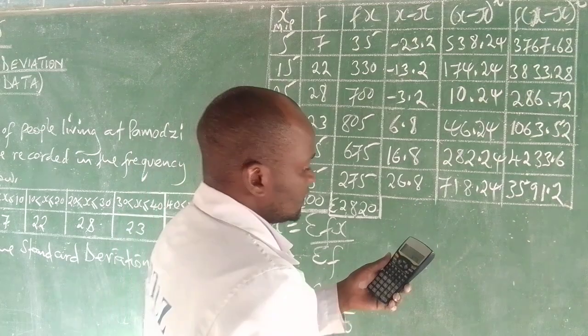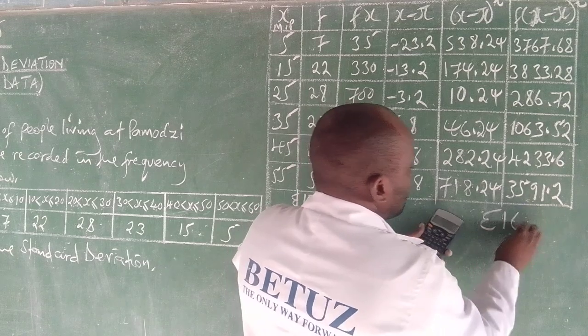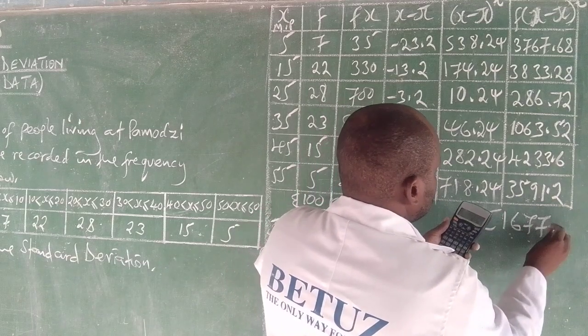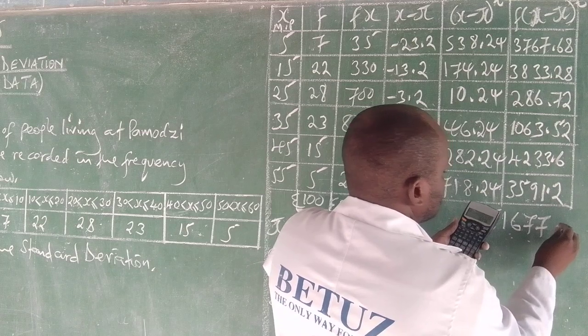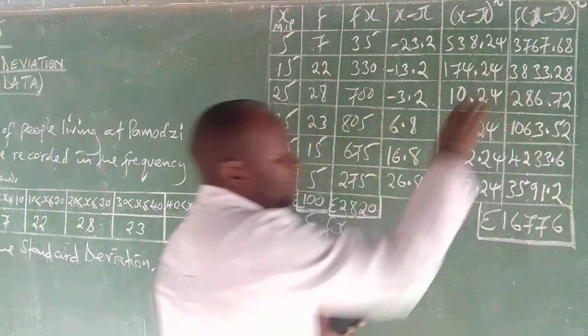This is giving us the summation. The summation here will be equal to 16776. This is the summation of the last part there.